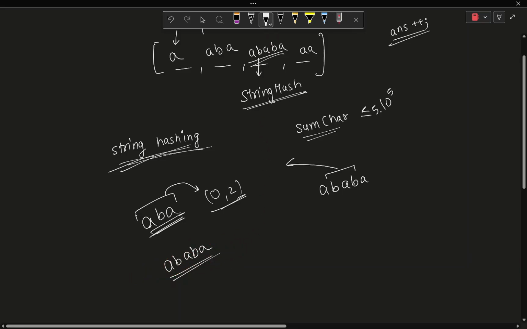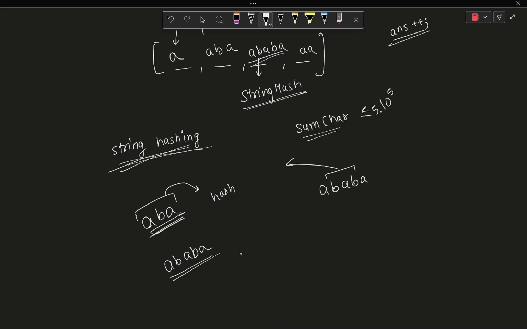Now, let us say the hash value you got for this current string is hash, the hash value of the prefix is pre-hash, and the hash value of the suffix is suff hash. You already know, if this string is of length 3, then obviously any prefix which is equal to this would be of length 3. Any prefix of length other than 3 can never be equal to this string, right?